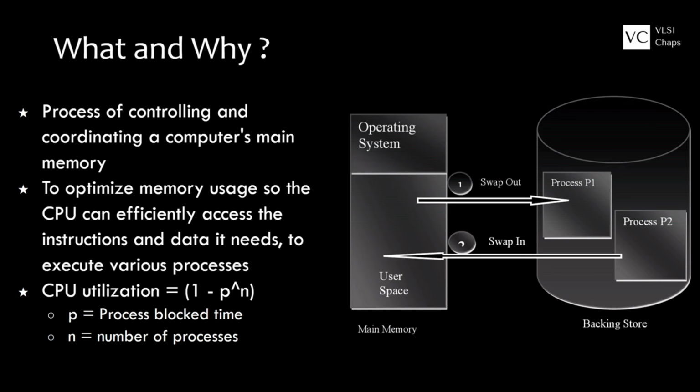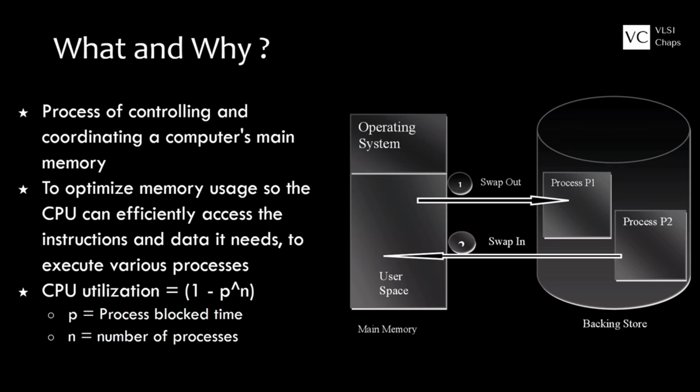So, in order to load processes within this main memory, we can arrange the blocks of the memory in such a way that we can have multiple processes executing within this main memory. To do an efficient job of the CPU, so that it can have maximum performance, we require memory management.